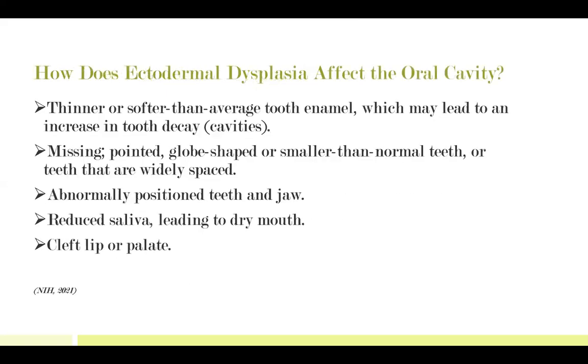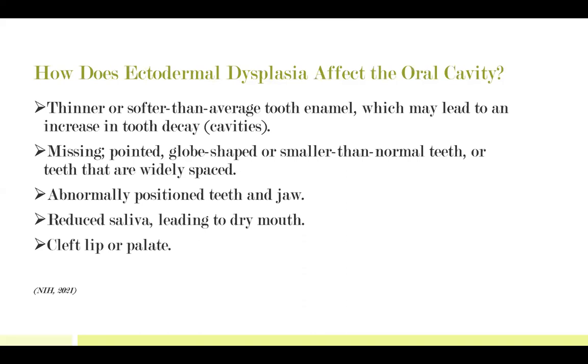How does ectodermal dysplasia affect the oral cavity? There are a bunch of different symptoms that one might have. It could make tooth enamel thinner or softer than average, which can lead to cavities and tooth decay. A person could have missing teeth, pointed or globe-shaped teeth, smaller than normal looking teeth, or teeth that are widely spaced out.